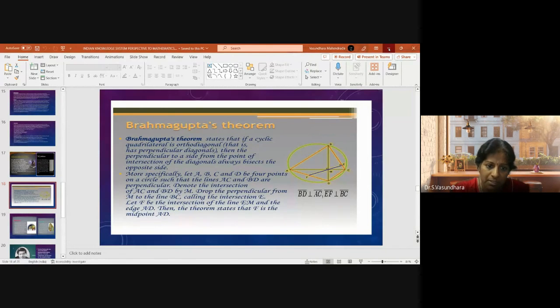The number system, the concept of zero, the solutions of quadratic equations, rules of negative numbers, the basis for calculus: these are all given by our famous mathematicians only.